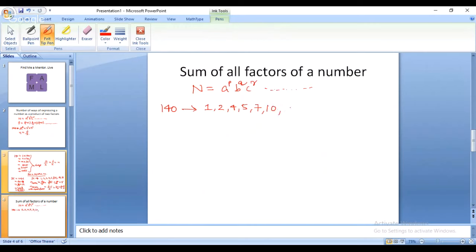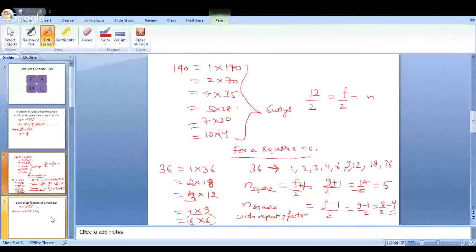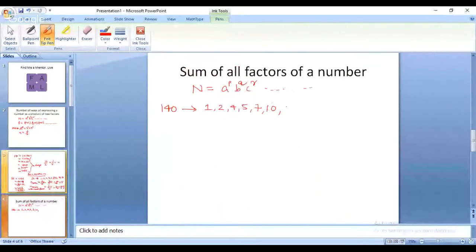After 10, what are we getting? 14, 20, 28, 35, 70, and 140. So these were the factors, 12 in total. Sum of all factors. What will be the sum of all factors?